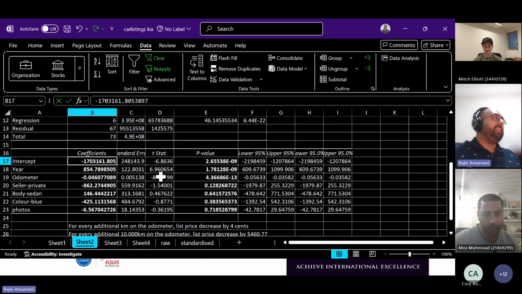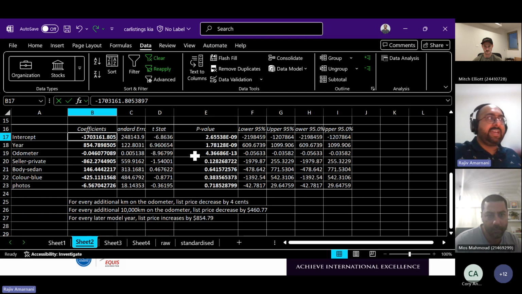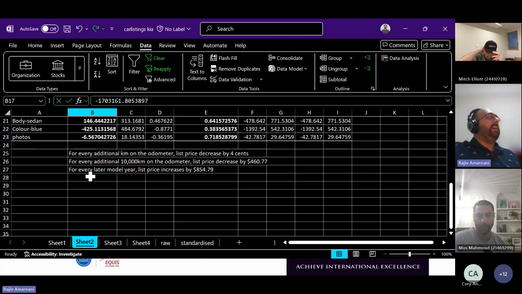It was negative 170,031.61.805. Now we can actually use this still. It just gets overly convoluted. And when the numbers are this big, you can get rounding errors that can somewhat complicate things.